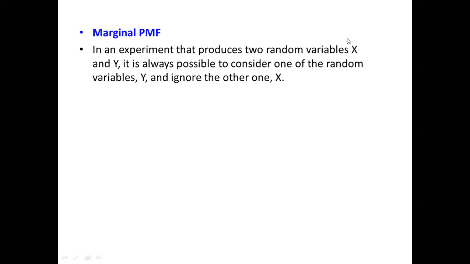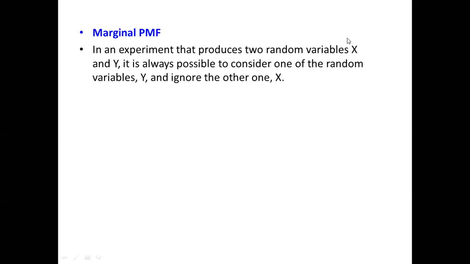But in this chapter, we are considering double random variables, and we are also talking about joint random variables, joint PMF, joint CDF, like this one. So jointly we are talking about two kinds of random variable, but from these two we can actually go back to the single random variable by just ignoring one. Okay, and that will be called the marginal PMF.